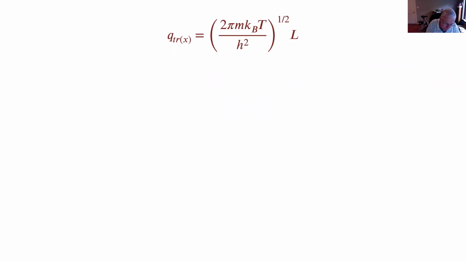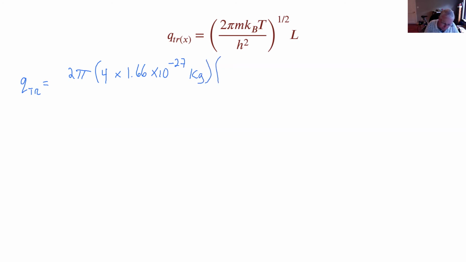This is equal to, I get on the top, I get 2 pi, I get a mass, it's a helium atom, so if it was an AMU, it would be 4, and then an AMU is 1.66 times 10 to the minus 27 kilograms.